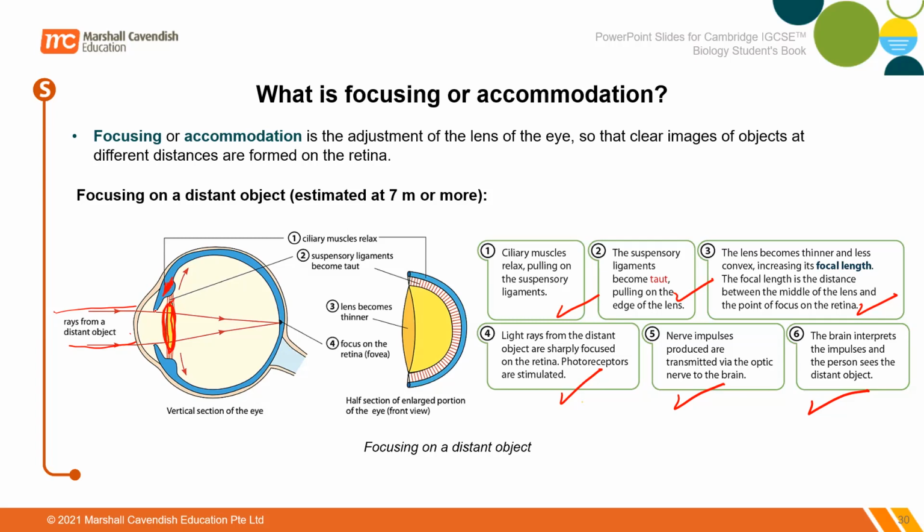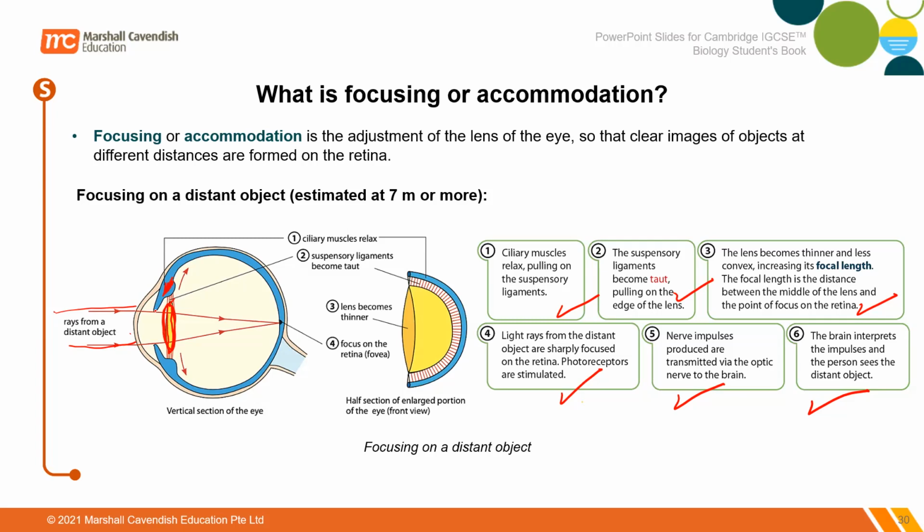When the ciliary muscles are relaxed, the suspensory ligaments will become taut, tightened, pulled, and this will pull the lens from the two edges and make it thinner, a less convex lens.